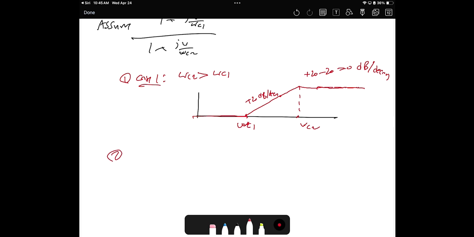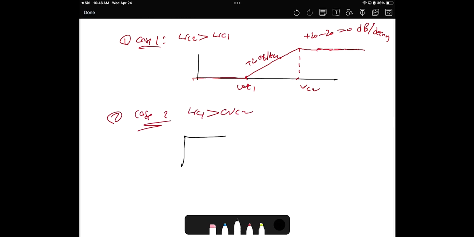We have another case, case 2, where omega c1 is larger than omega c2. Basically, in this plot, you will have omega c2 here, then omega c1 here. Before omega c2, everything is 0.